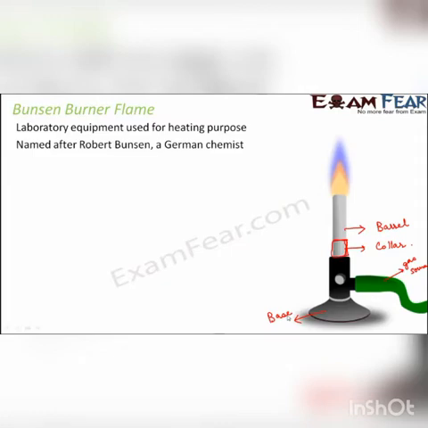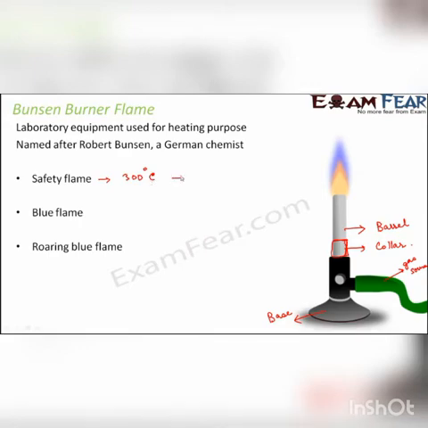Now, in a Bunsen burner there are three types of flames: the safety flame, the blue flame, and the roaring blue flame. The safety flame is produced at a temperature of around 300 degrees Celsius. Its color is yellowish orange.